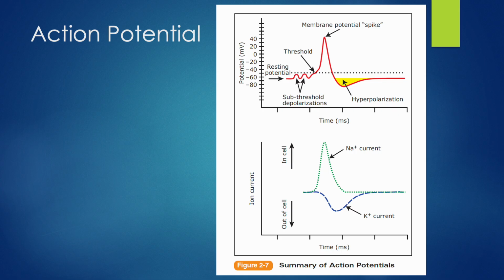That's absolute refractory period. And then as it is returning back to its resting potential, that's considered the relative refractory period. And it can fire there if it receives extra stimulation to push it to action potential.